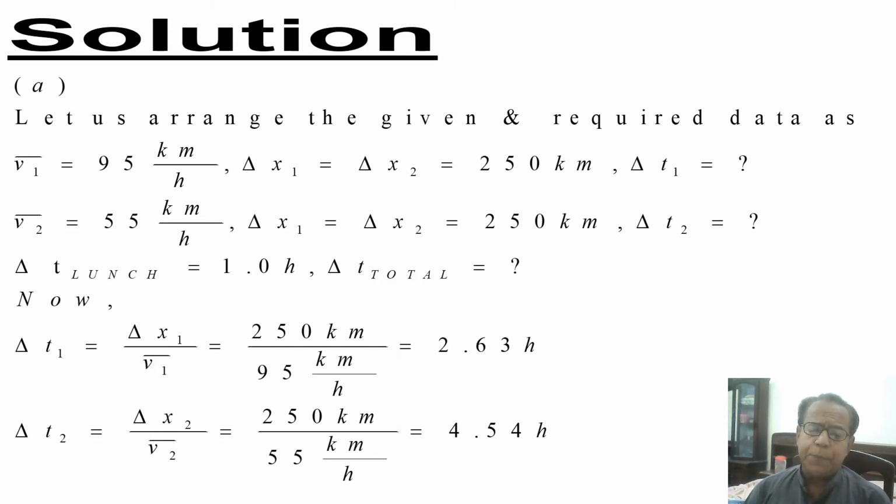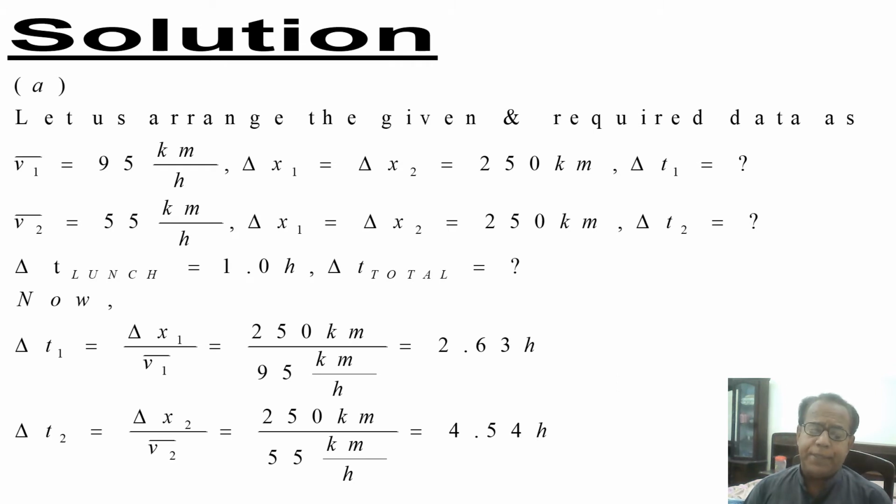First we come towards part A. Dear students, we are given data and we are required to determine data. So here first we decide what is given and what is to be determined. Part A, let us arrange the given and required data.